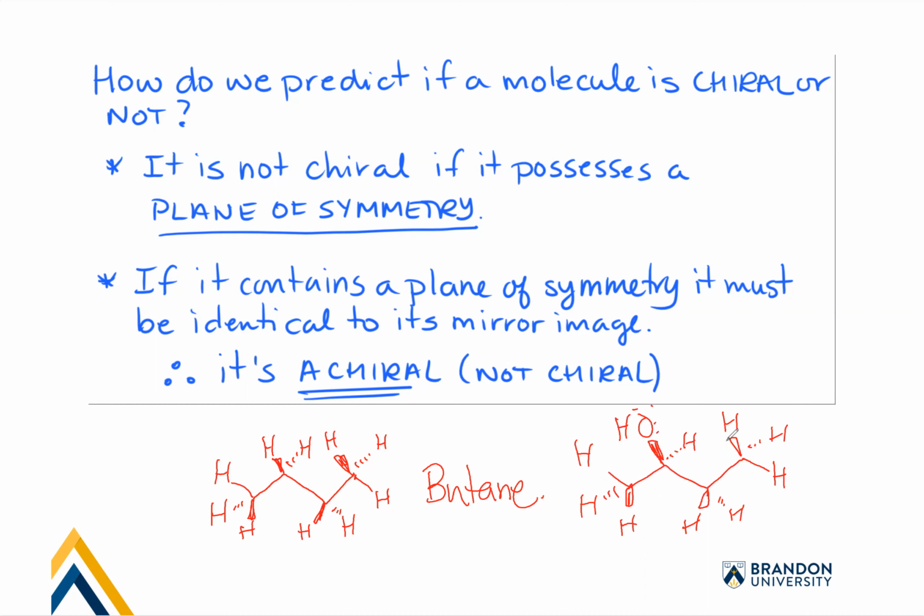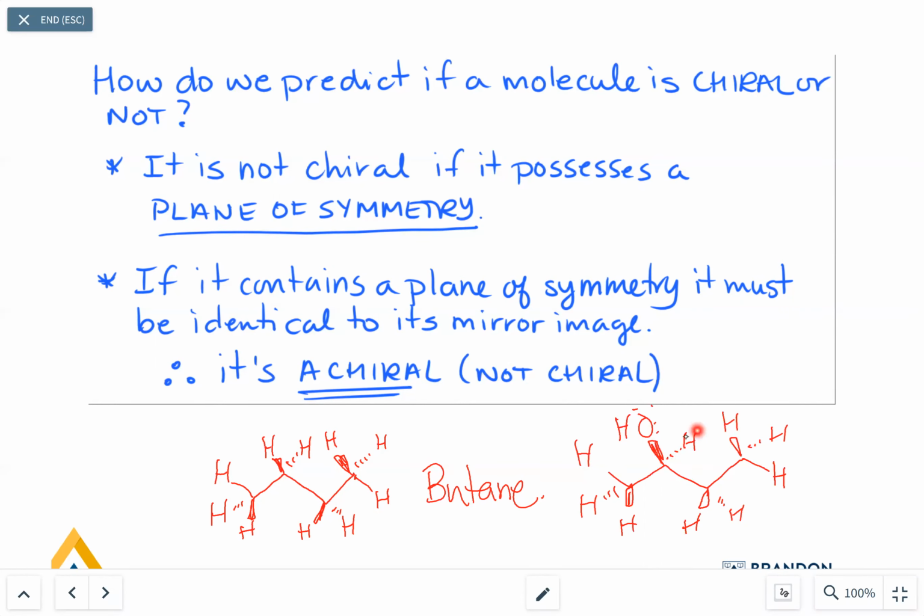The plane of symmetry that existed before, where you bisect this proton, this carbon, this carbon, this carbon, this carbon, and this proton, no longer exists because this H is reflected by a hydroxyl group, which is different than the H, right? So this molecule doesn't contain that same plane of symmetry. So this molecule should be chiral.